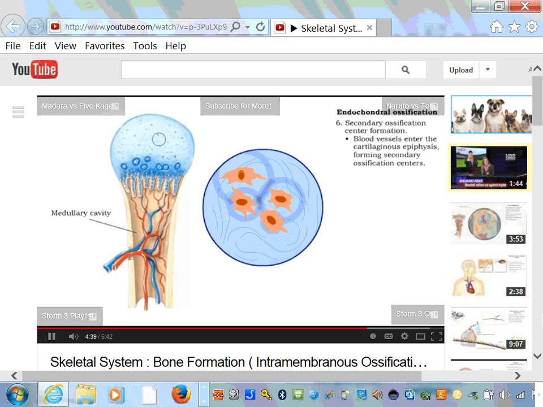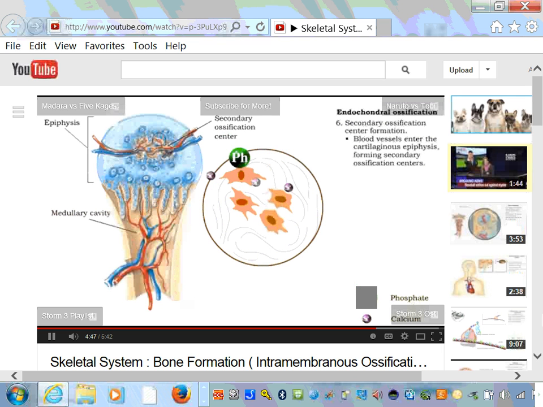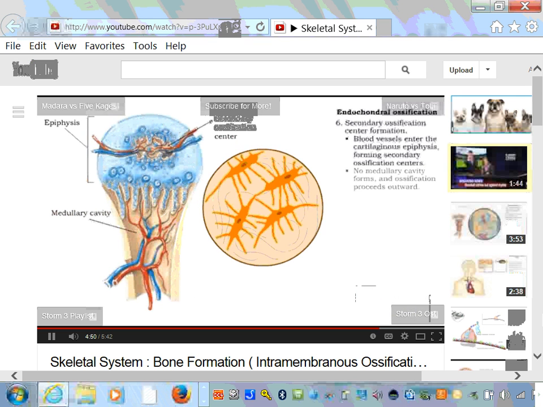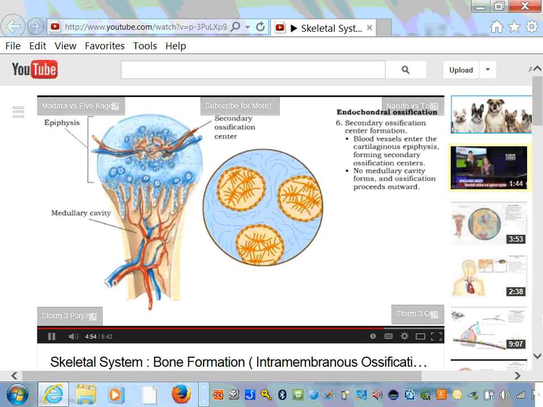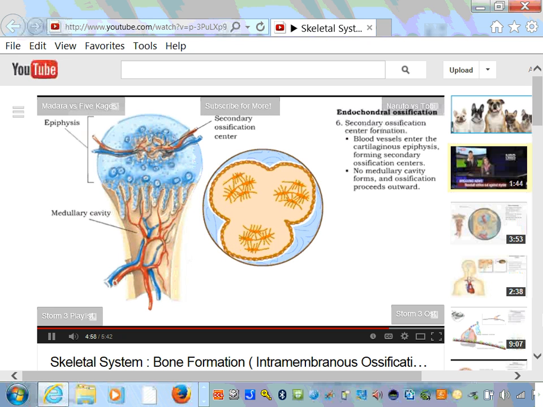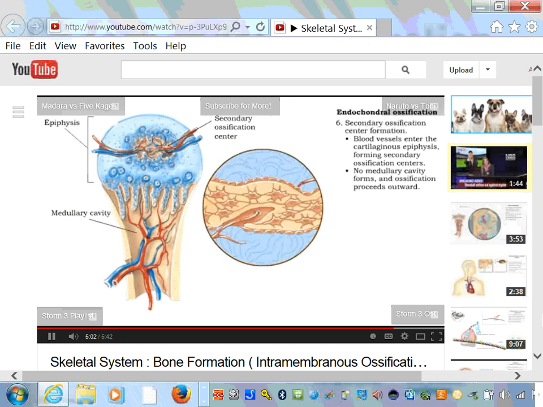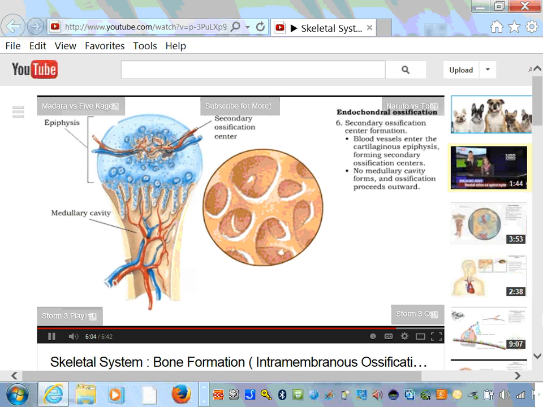Around the time of birth, blood vessels enter the epiphyses, the ends of a bone, forming secondary ossification centers. Secondary ossification differs in that no medullary cavity forms, and ossification proceeds outward. As a result, the interior of the epiphysis remains spongy.